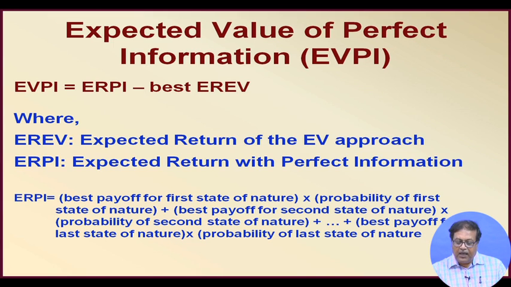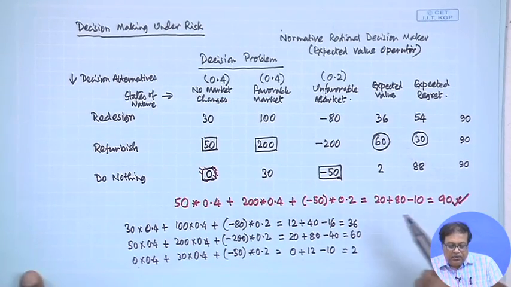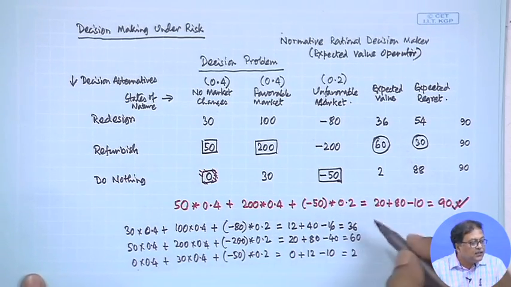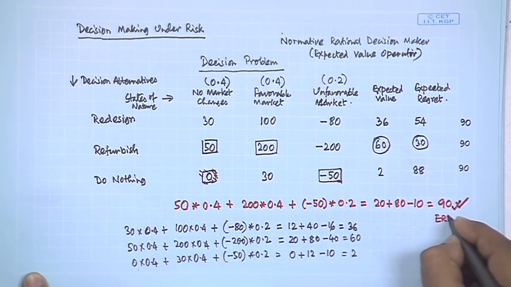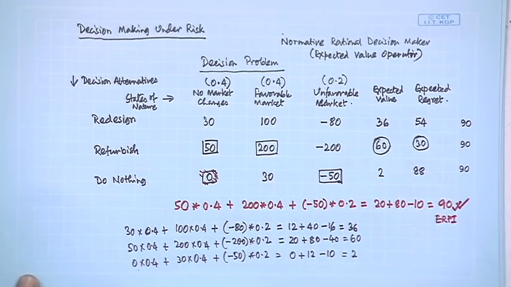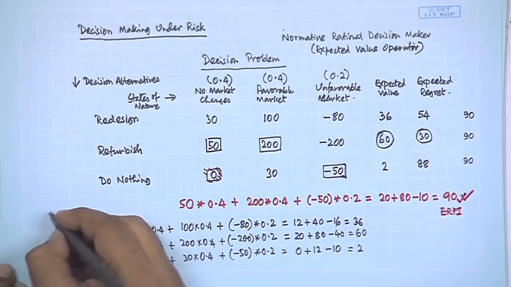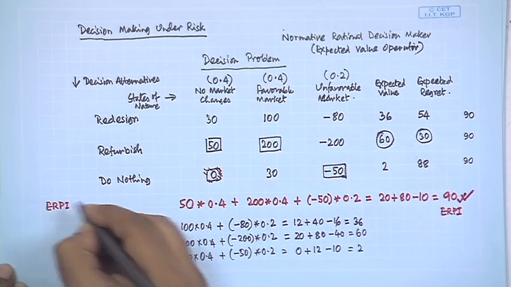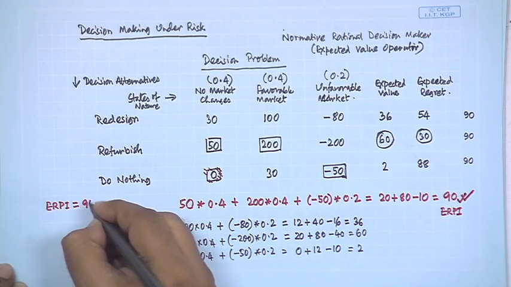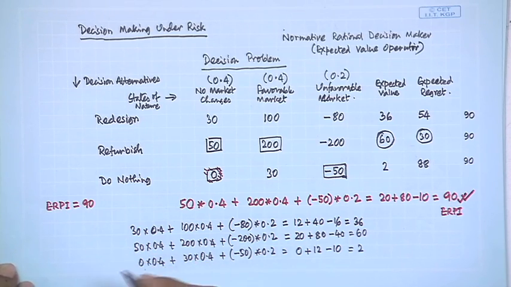So, coming back, in this case this is our ERPI, or expected return with perfect information, right. Let me sum it up that ERPI is 90, right.